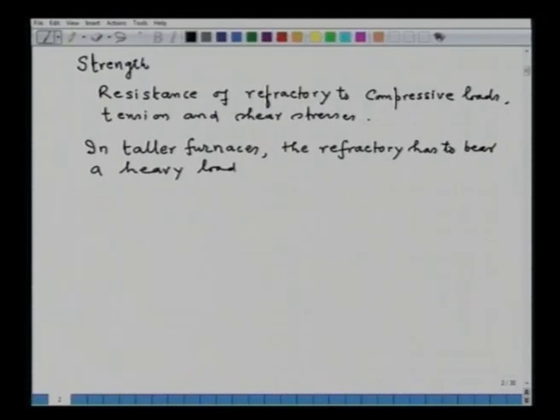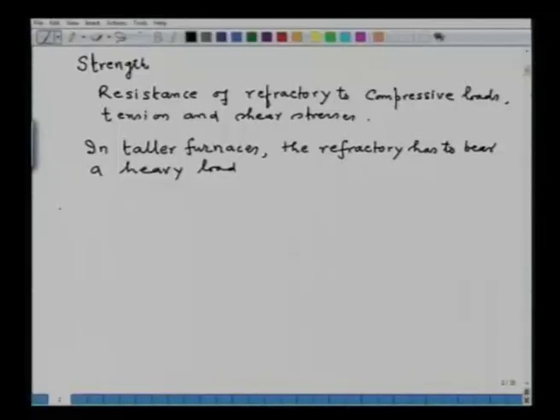Therefore, strength of the refractory under the combined effect of temperature and load is an important issue. Another important property is the specific gravity.